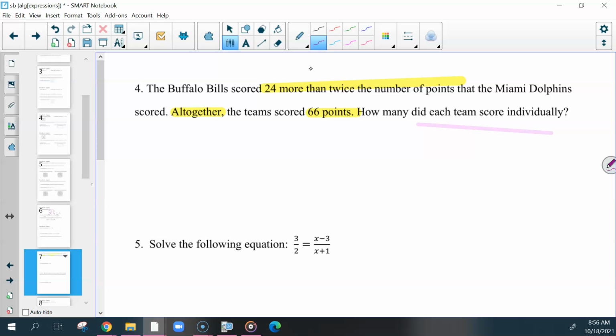So you needed 2 variables to define 2 variables because there are 2 things you don't know. You could have used whatever variables you wanted. I'm going to use B and M. So if you did not do this part, off to the side, make sure you write this part.